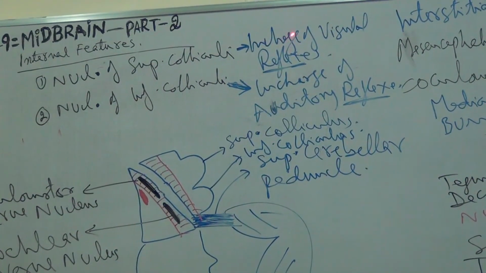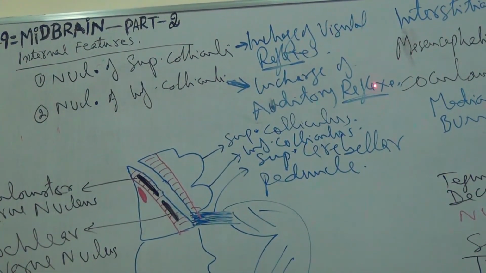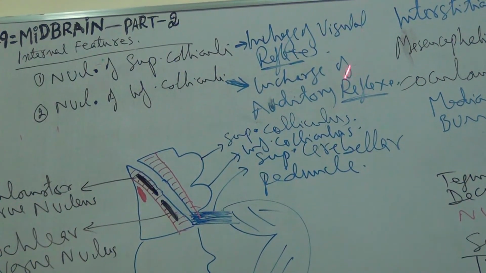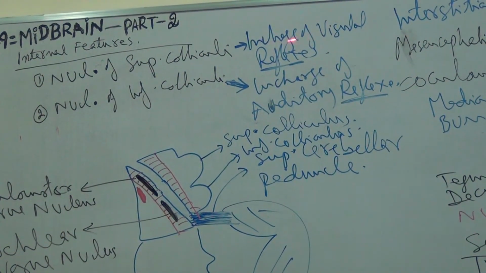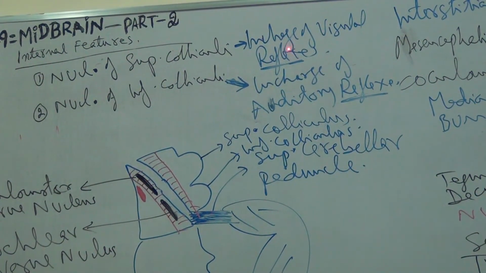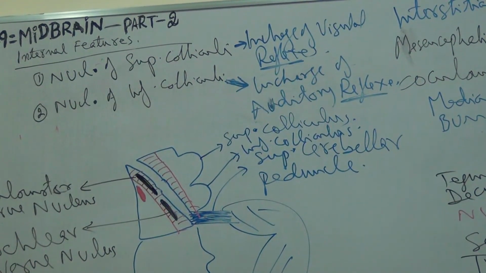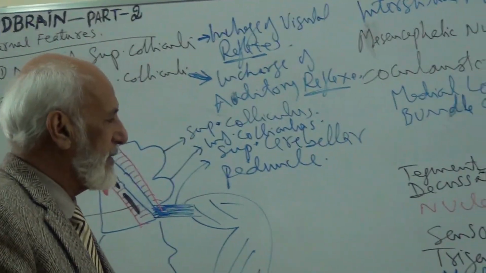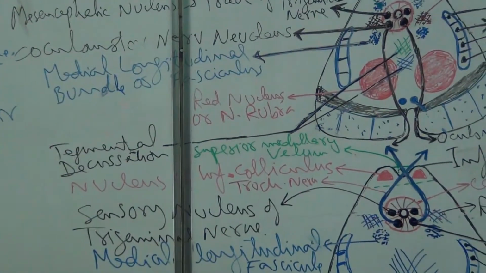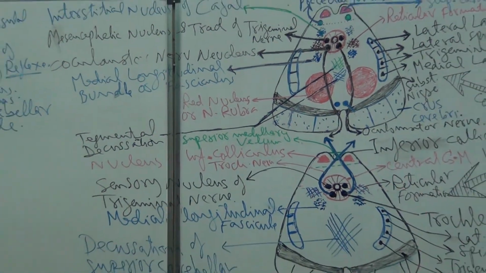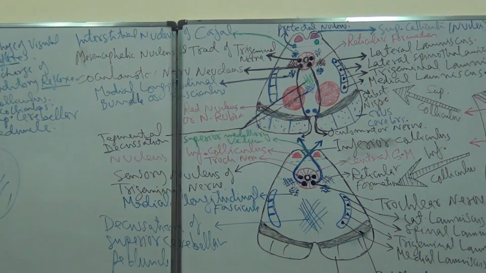Not the visual pathway and auditory pathway, but reflex pathways. Superior colliculi are in charge of visual reflexes, while the inferior colliculi are in charge of auditory reflexes. So this was the internal feature of the lower half of the midbrain.